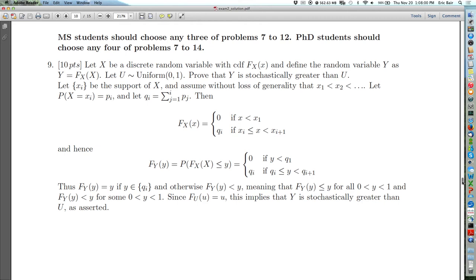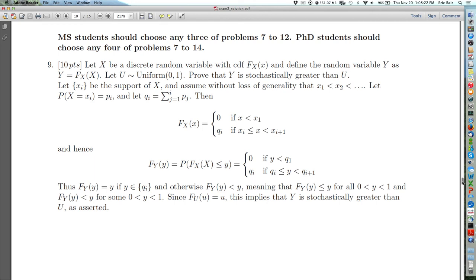So I wrote an alternative solution here that might be clearer than the Casella and Berger one. It might be more confusing. I don't know. You can read it and come to me if you have questions, because I'm sure pretty much everybody's seen the Casella and Berger solution already.